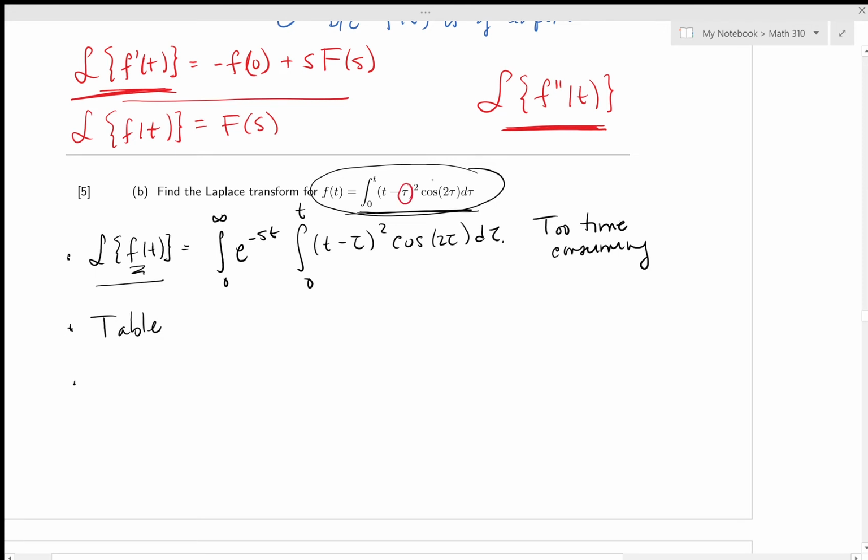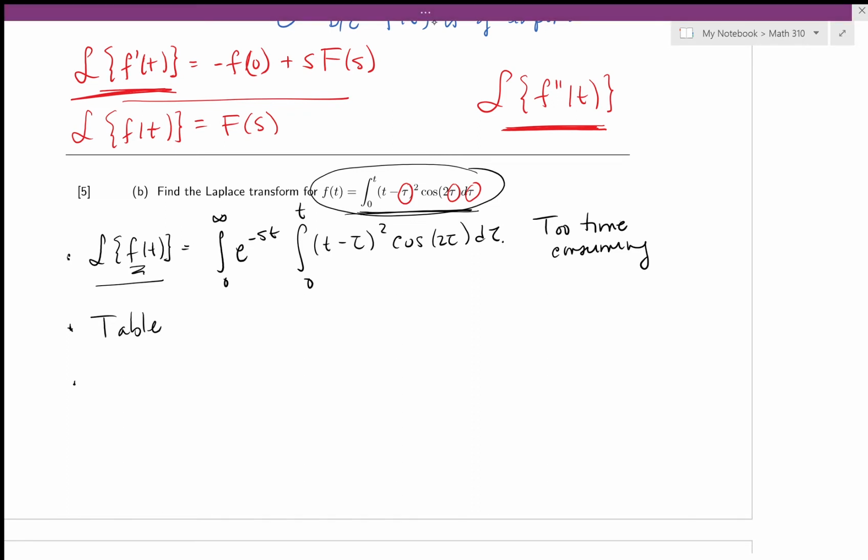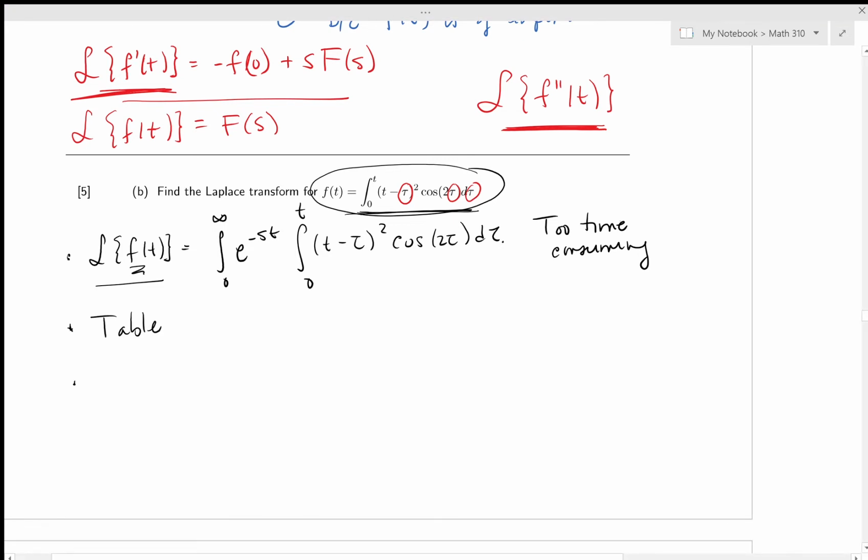I'm looking at this thing here, and maybe that twigs you to think of the convolution integral. Of course, the variable of integration does not have to be tau. It could be something else. We have been using tau, which is sort of a clue, but this function can equally well be defined as the integral of t minus a squared cosine 2a da.